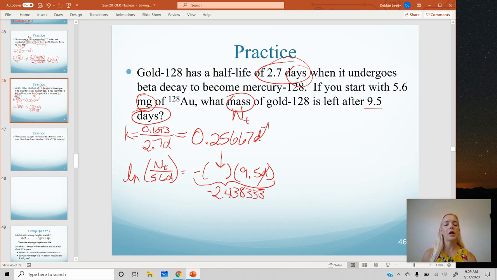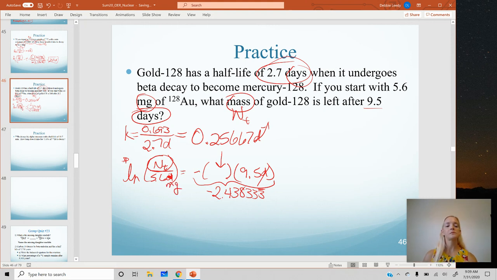Now we have to figure out our next step in our order of operations. Realize if I want to get N sub t by itself, eventually I'm going to have to get rid of my natural log, right? I could separate this out as natural log of N sub t minus natural log of the 5.6. And I wrote the wrong unit here. Sorry, I wrote days. That is actually milligrams.